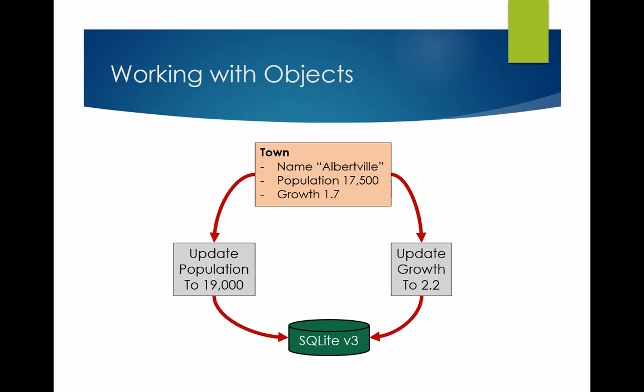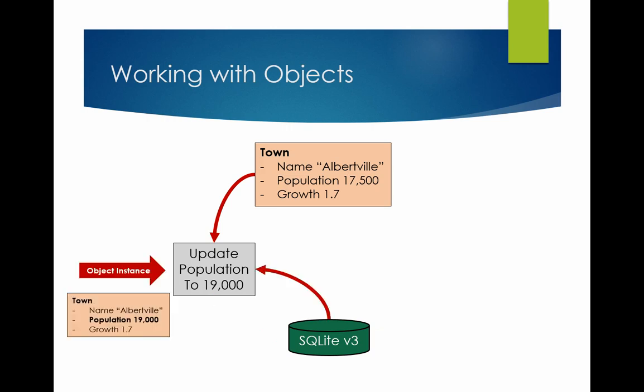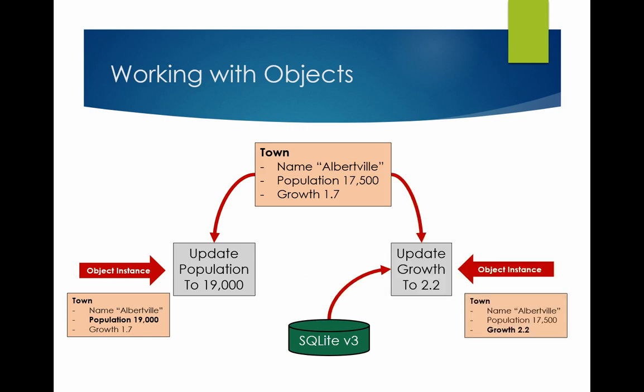And let me show you how this corruption takes place typically. First of all, you pull out of the database a copy of the object, and then you set the population to 19,000. At some other point in your code, you update the growth rate to 2.2. To do that, you pull out of the database a copy of this particular town, and you set the growth rate to 2.2.